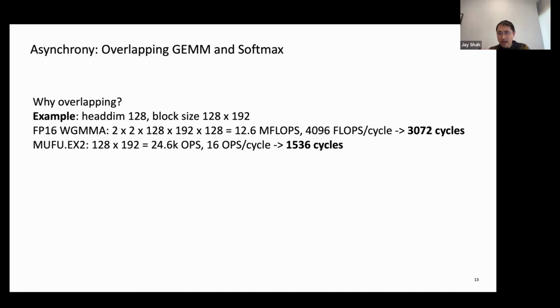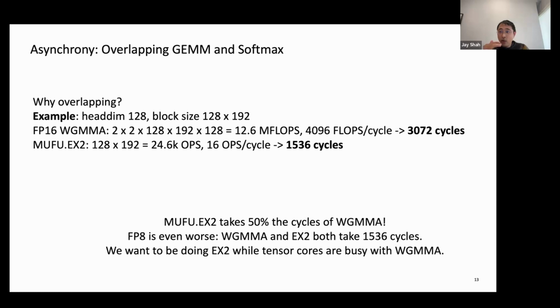FP16 WGMMA would execute over twice the cycles as the special functions. So the proportion is actually quite large, unexpectedly large, in terms of looking at the exponential. It's even worse for FP8, where they would take an equal number of cycles.